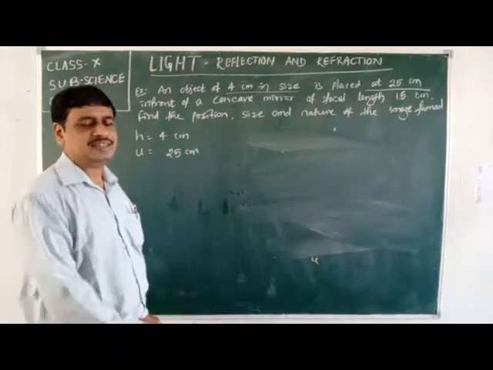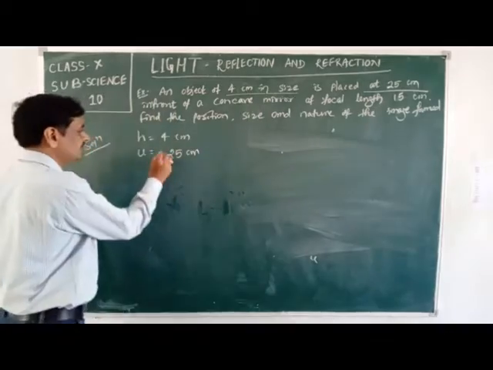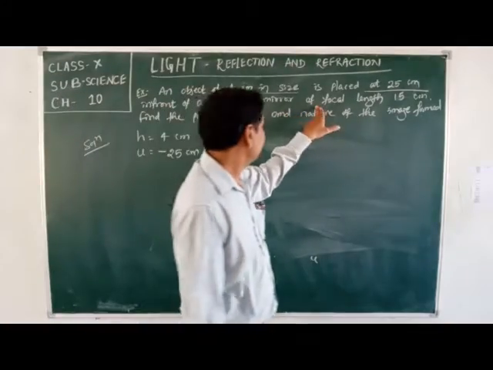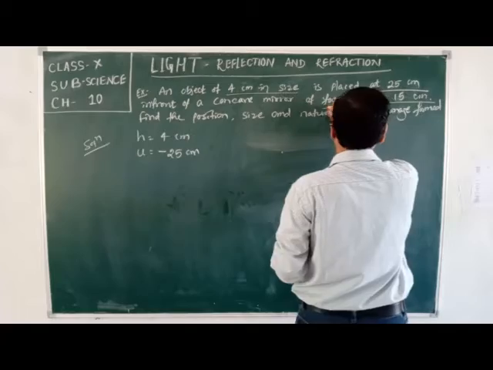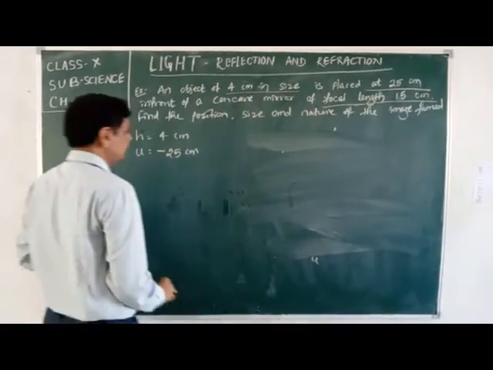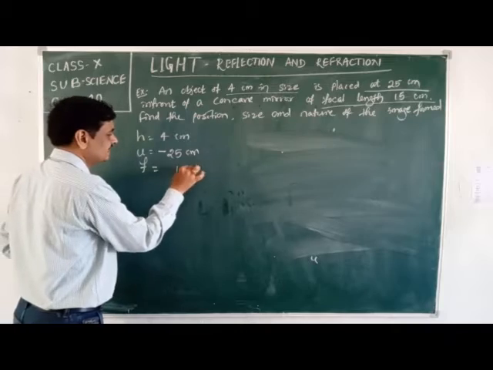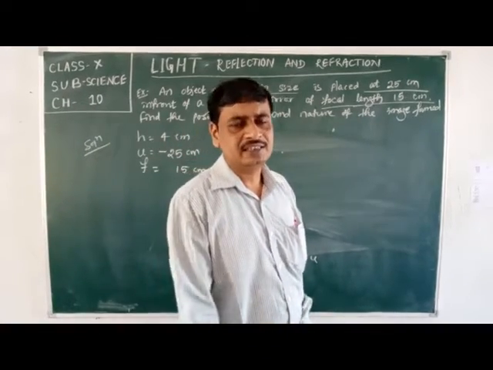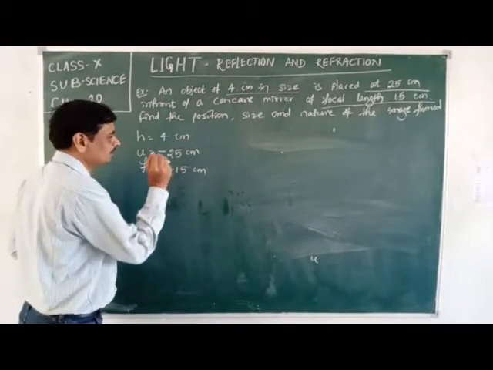Since the object is placed on the left side of the mirror, it will be minus 25 cm. Next, the focal length of the concave mirror is 15 cm. Here f is 15 cm. But the focus is present on the left side of the mirror, so it will be minus 15 cm.